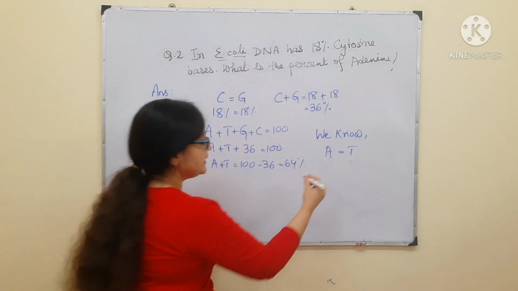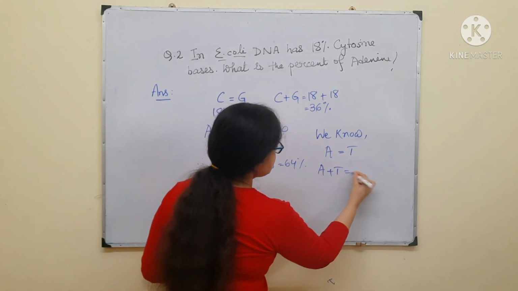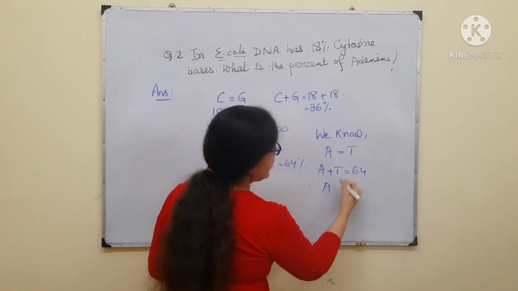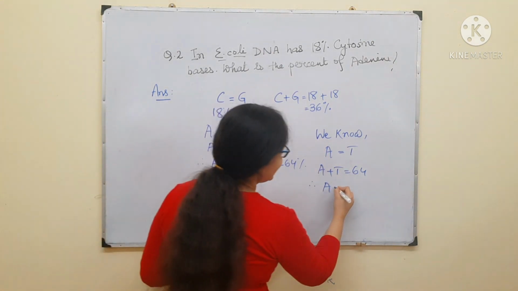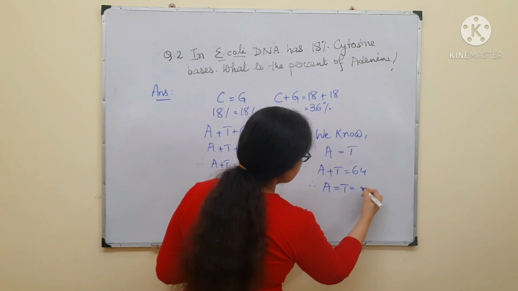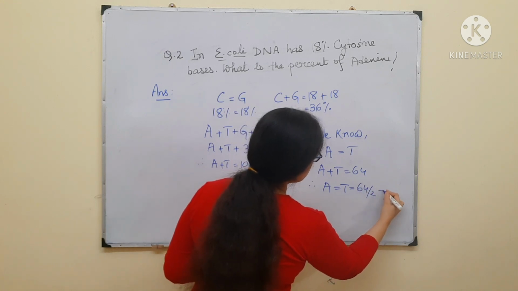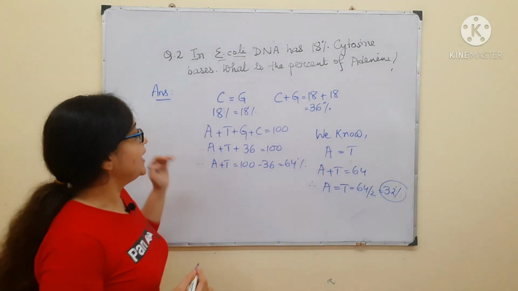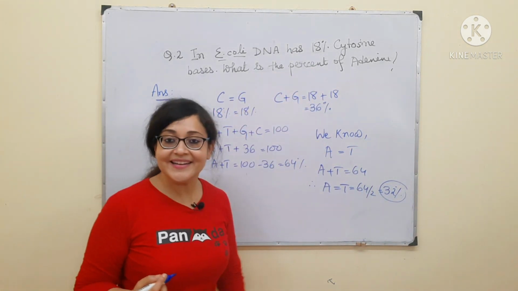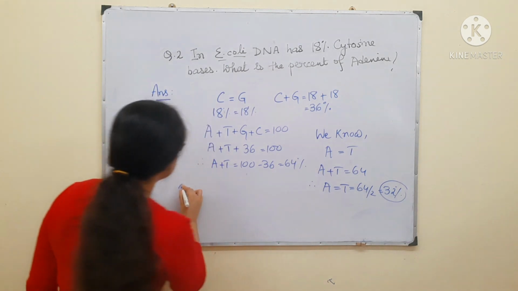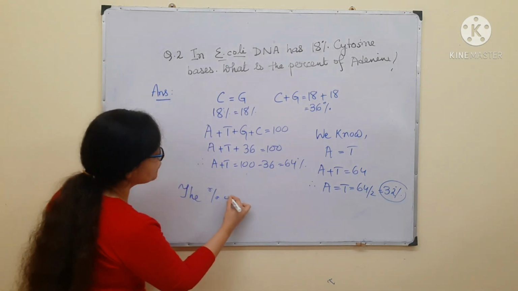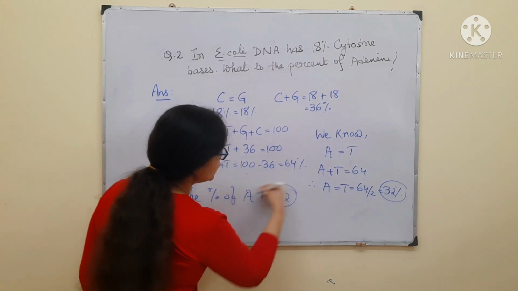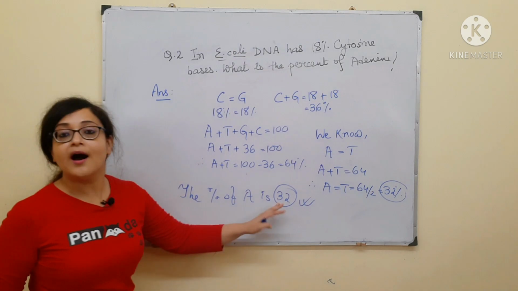So, if A plus T is 64, and A is equal to T, of course, then A is equal to T is equal to 64 by 2, that is 32%. Okay. So, what is the percent of adenine? It's very simple. The percent of adenine is 32 and this is your answer.